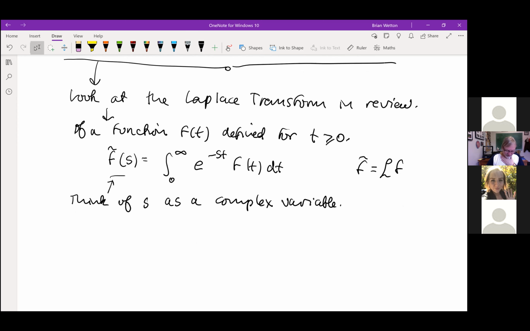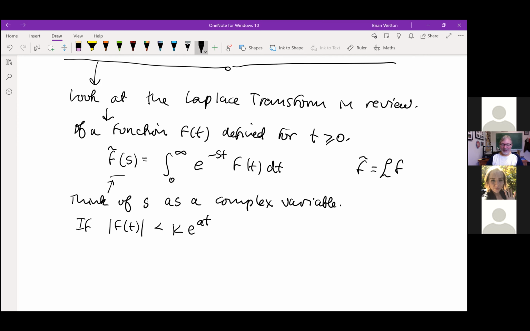Okay, so if I have at least some exponential bound on how big this function can be, right? So there are lots of problems we want to look at where there's exponential growth in time.